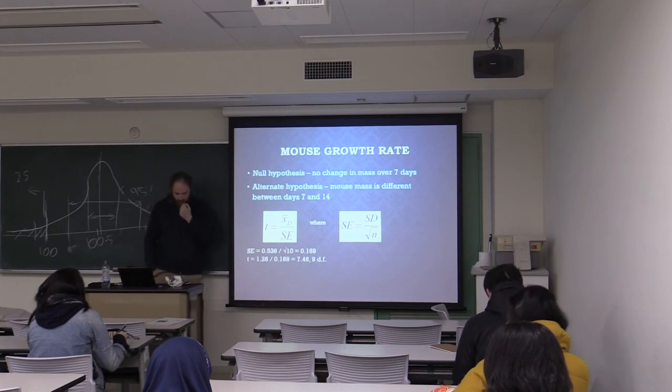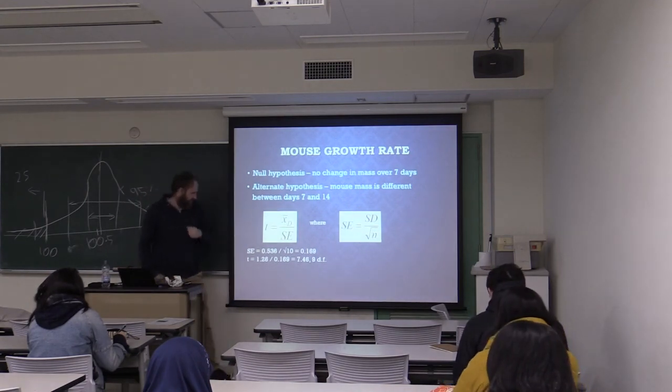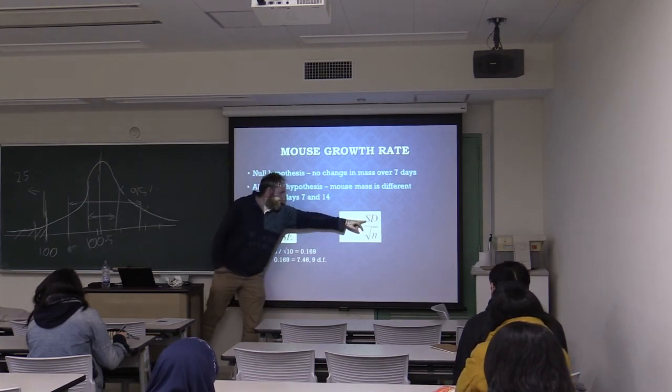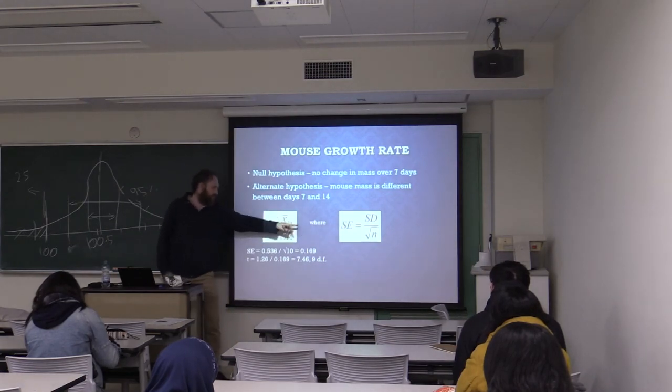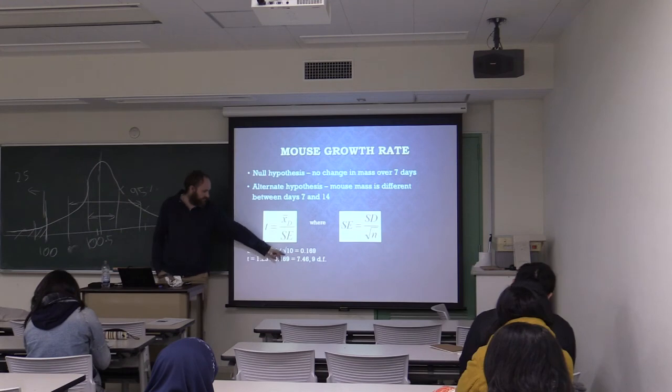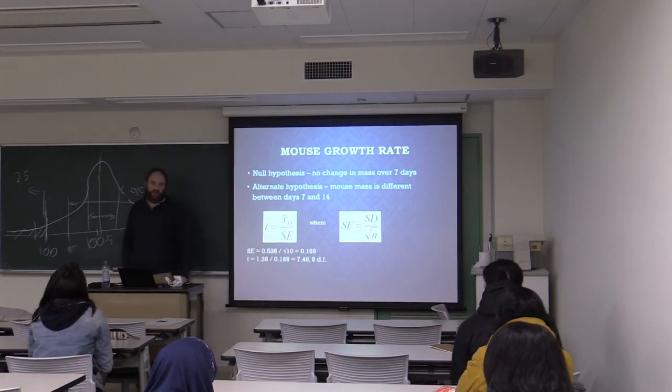That gives us the standard error, we put the standard error down here. So our standard error is going to be 0.536 divided by the square root of 10, which is 0.169, okay?